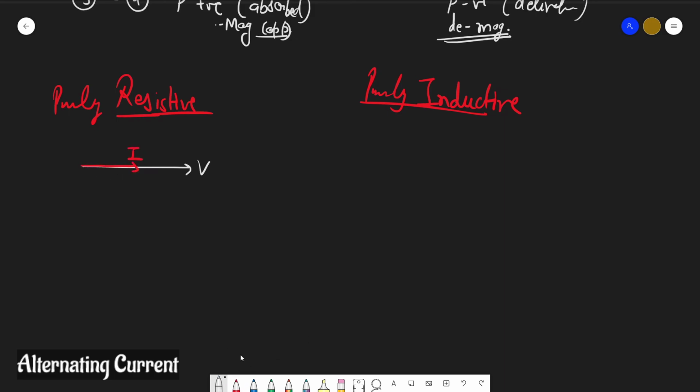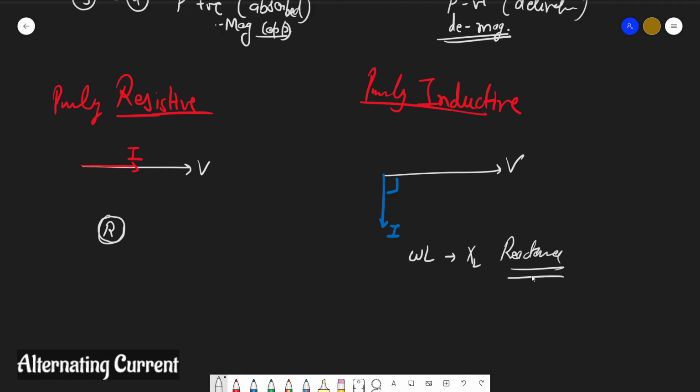But in an inductor, if the voltage is at a particular angle, the current will always be 90 degrees behind the voltage. And second, in the resistive circuit R is the resistance, here omega L, also known as XL, is the reactance of the circuit.